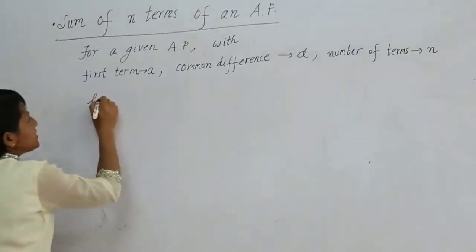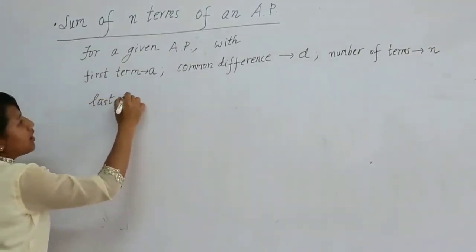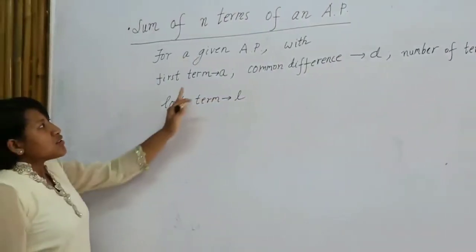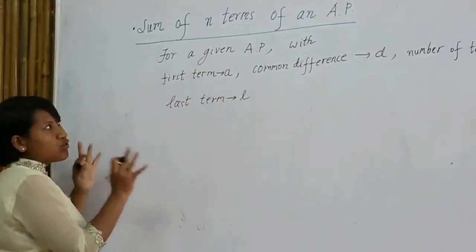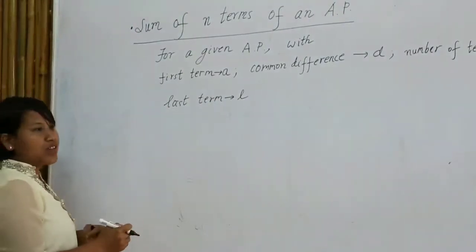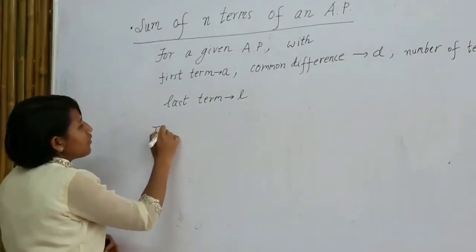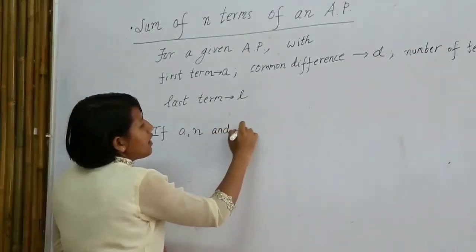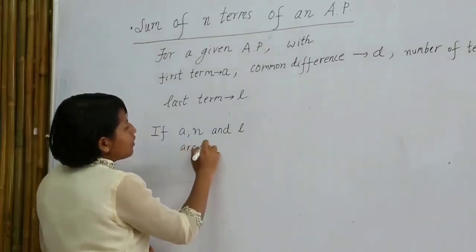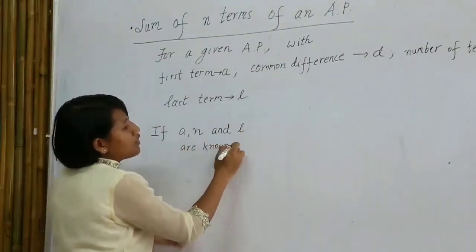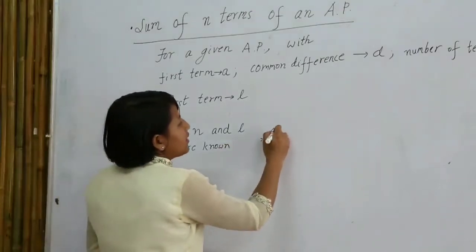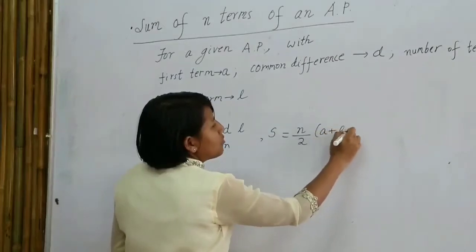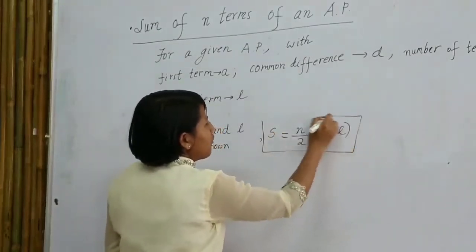And then there are some cases where they have given the last term. This is denoted by L. So based on this, there are two formulas for the sum of n terms of an AP. If A, N, and L are known or given in the question, then the sum of n terms of the AP is this formula.